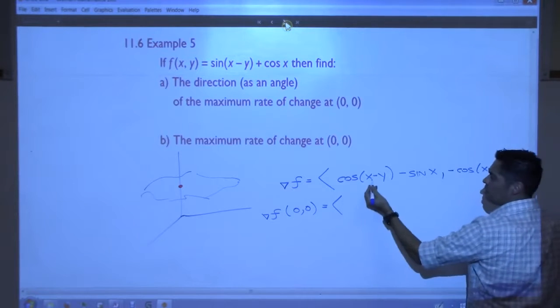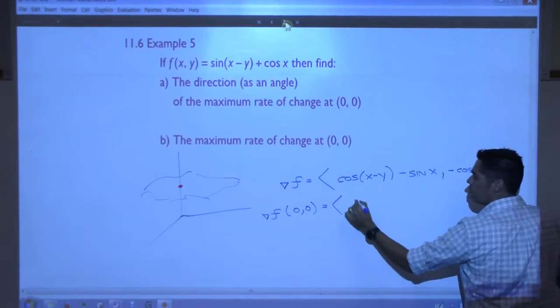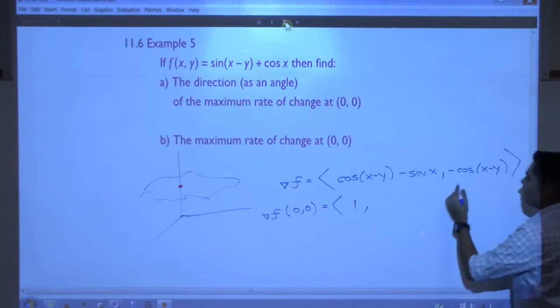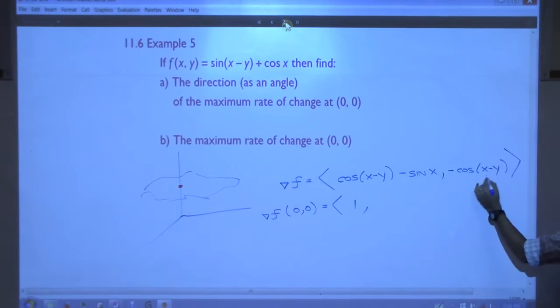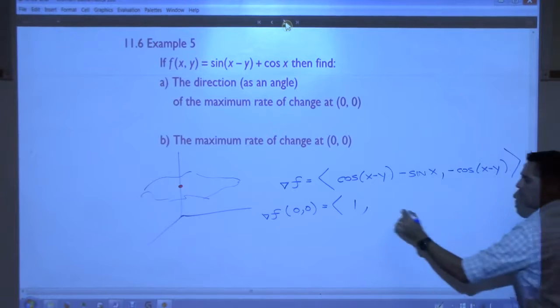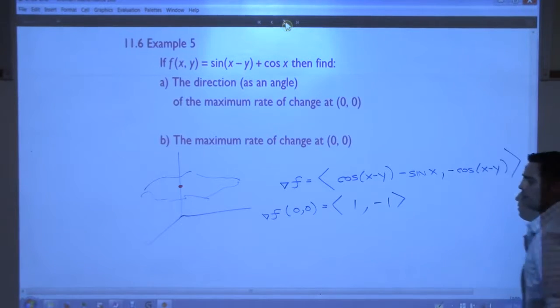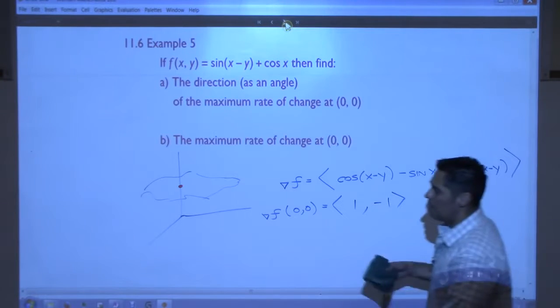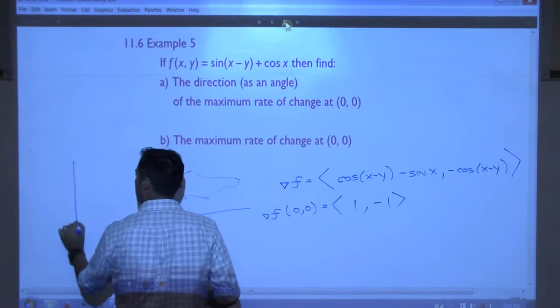So cosine of 0 is 1. Sine of 0 is 0, so there. Cosine of 0 is 1, but then negative, so negative 1. That's it right there. That's the direction I should point. So this goes back to that domain picture.